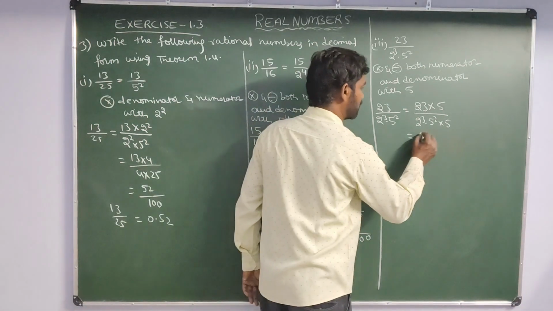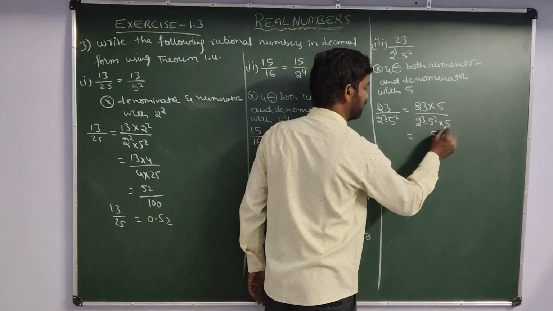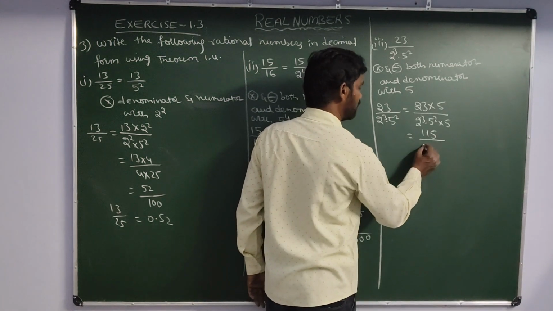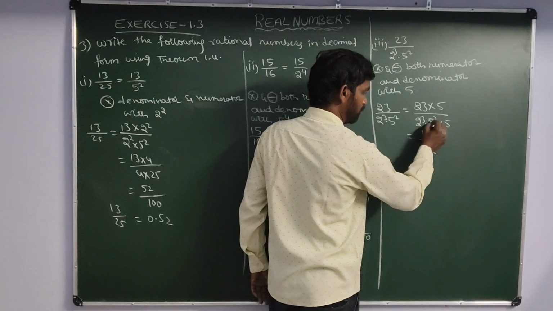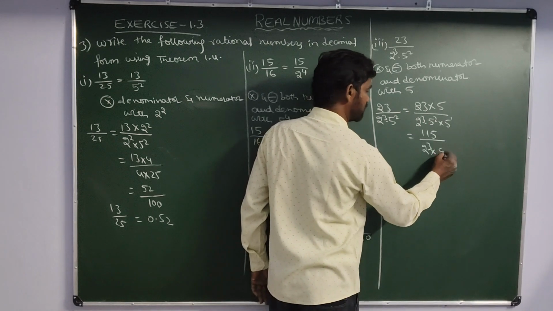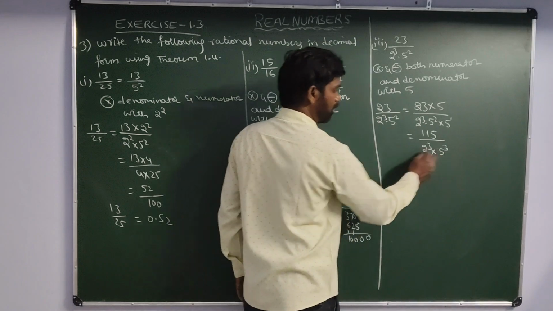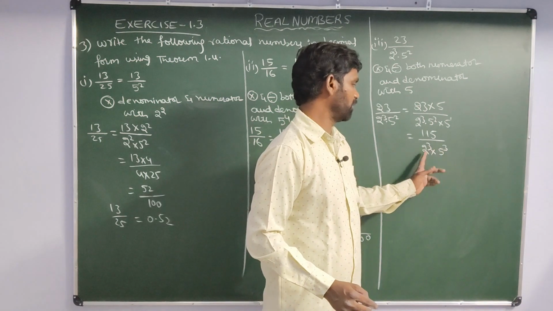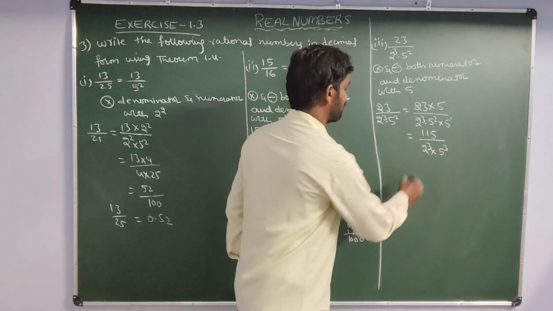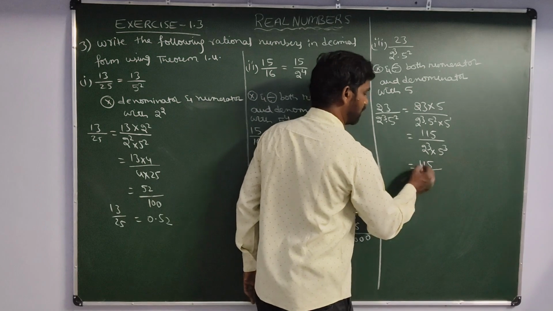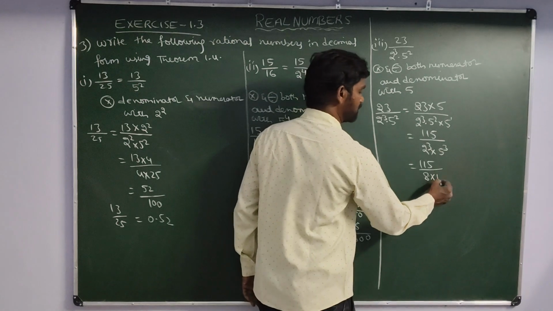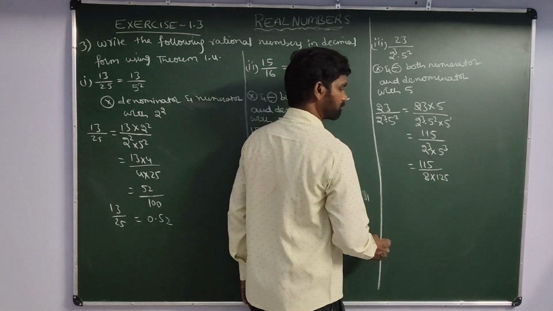So what does it become? 5 3s are 15, 1 carry, 5 2s are 10 plus 1, 11. 115 by 2 cube into 5 square into 5 power 1, that is 5 cube. The denominator is 2 power 3 into 5 power 3. So that is equal to 115 by 2 cube, which is 8, and 5 cube, which is 125.